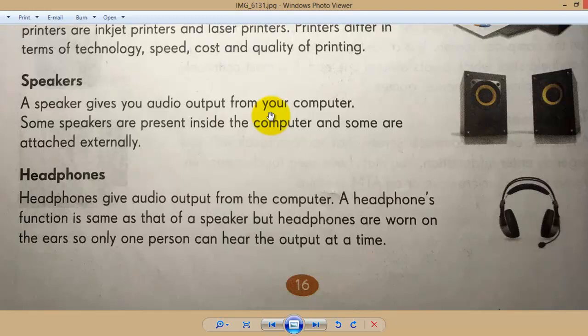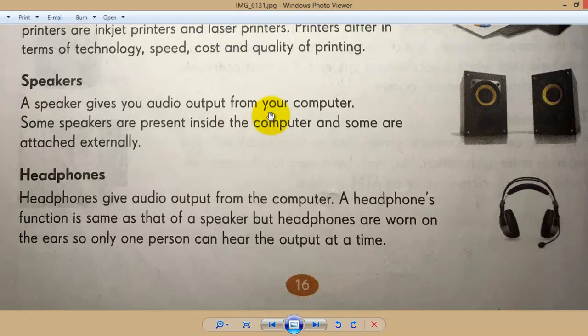So what is this speaker used for? This is to listen to the audio output from the computer. If you are playing music or any voice record or anything you want to listen to from the computer, then you have to connect a speaker. If the internal speaker is not working, then you can connect an external one.